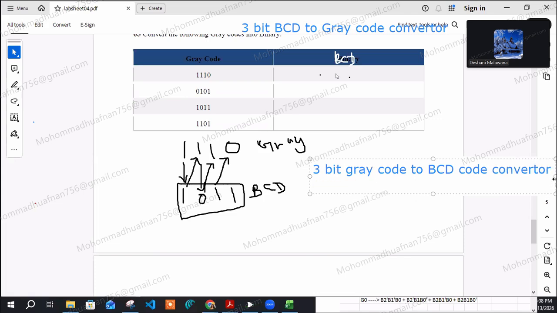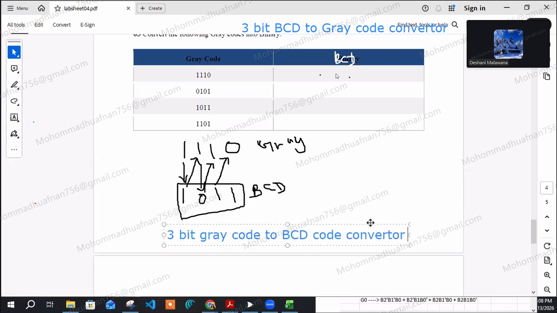This is the task for yourself. Complete this one and let me know. You have to create a logic circuit for a 3-bit gray code to BCD code converter.